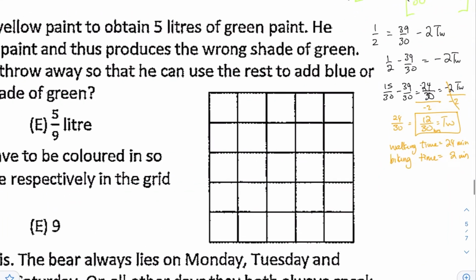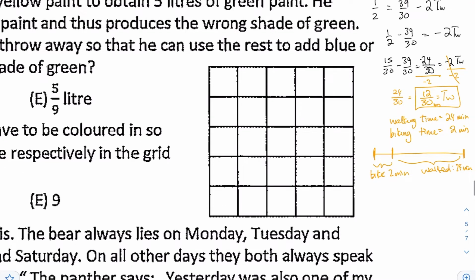So we're gonna have to put this back into the formula for distance. So since he only biked for 2 minutes and he walked for 24 minutes, this is the time.